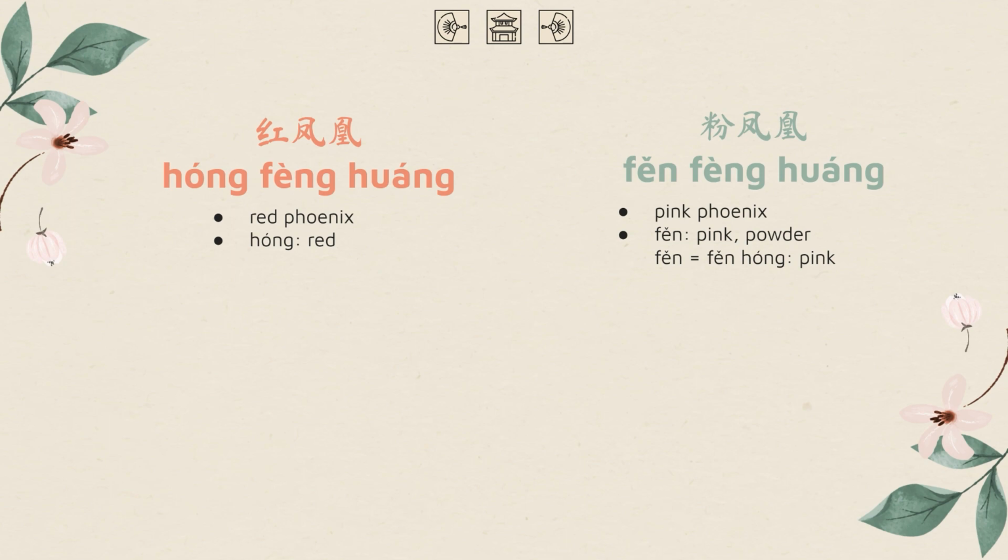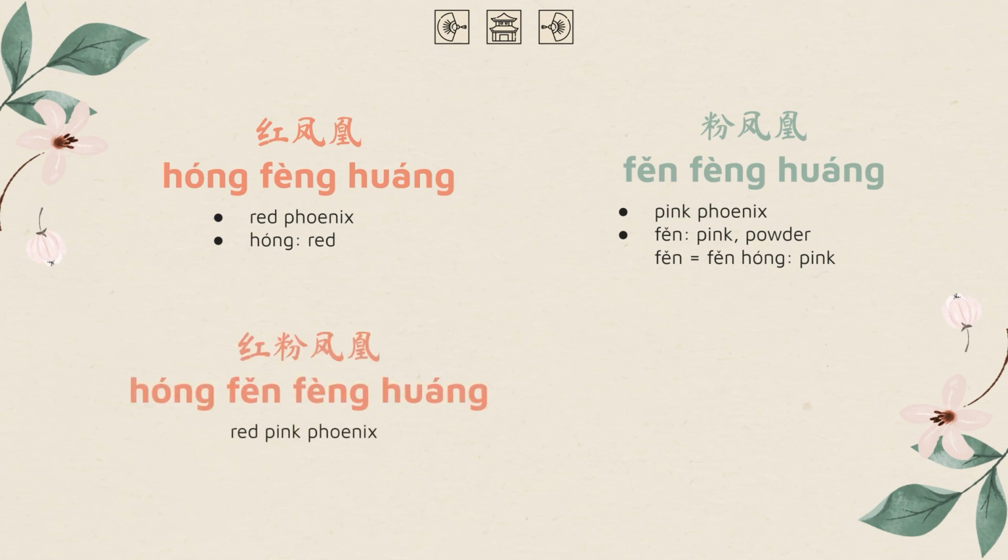Also, you could say 粉红. And then we have 红粉凤凰, red pink phoenix. So again, we're just practicing the H and F, so there's a lot of them.